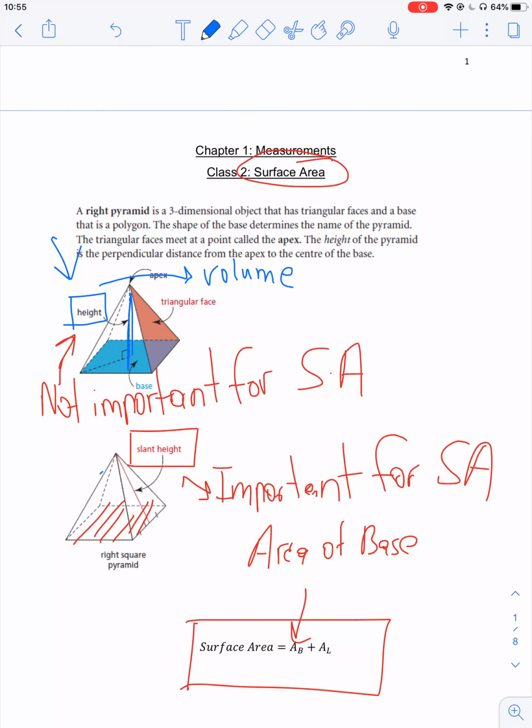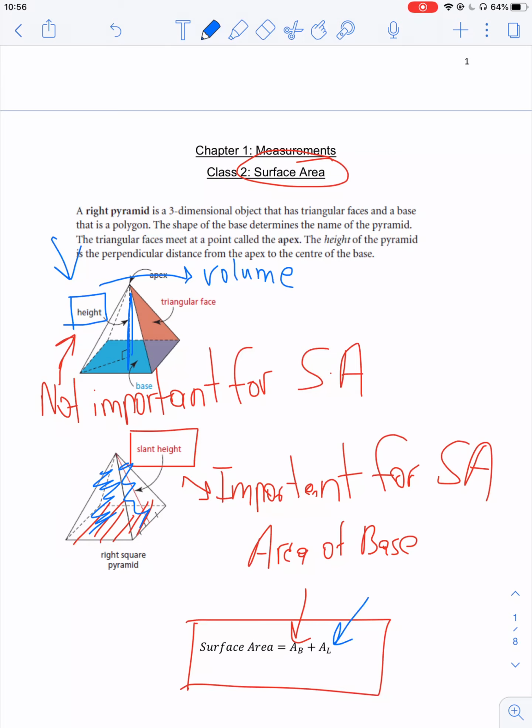In the case of the pyramid, the walls are made up of triangles, right? So remember, if the base has four sides, then you will have four walls. Think about the classroom: the classroom floor has four sides, it's a rectangle, and you have four walls. The same logic applies to pyramids. So this is your lateral area. I'm not too sure how you spell that, but I think it's lateral area, okay?